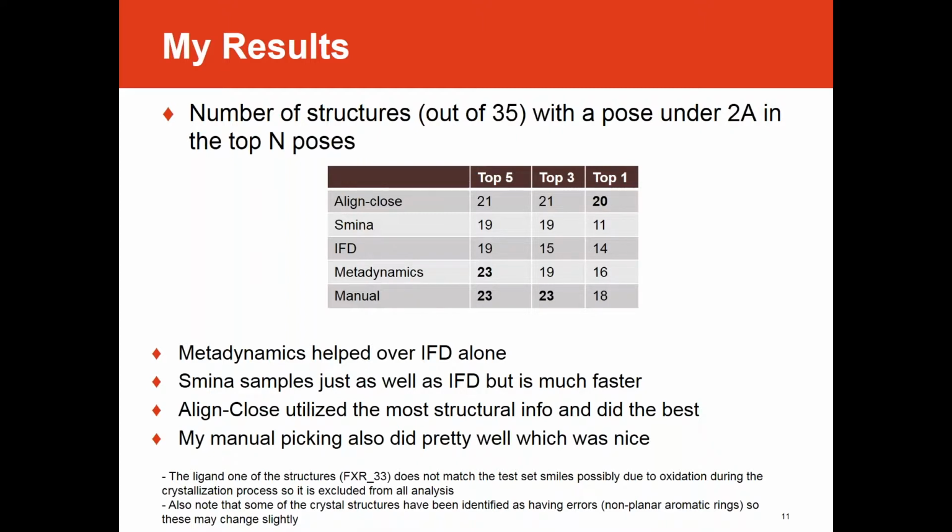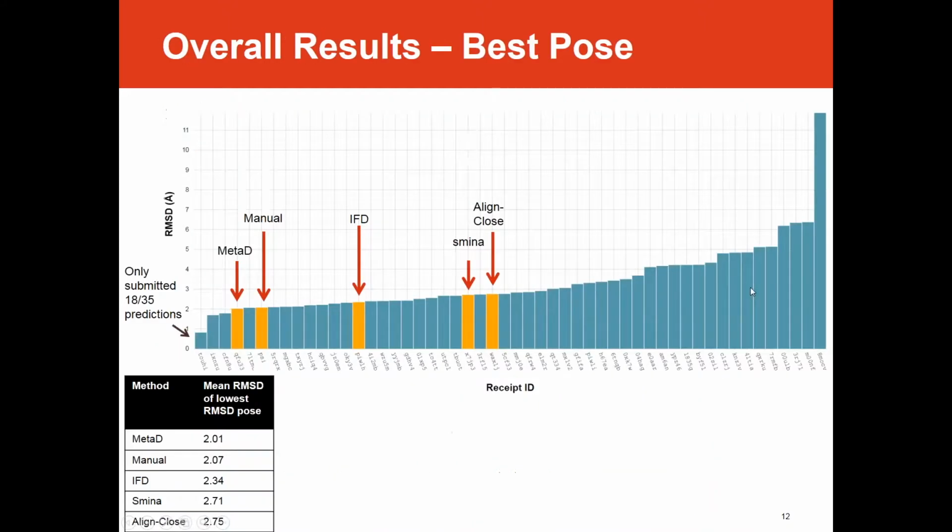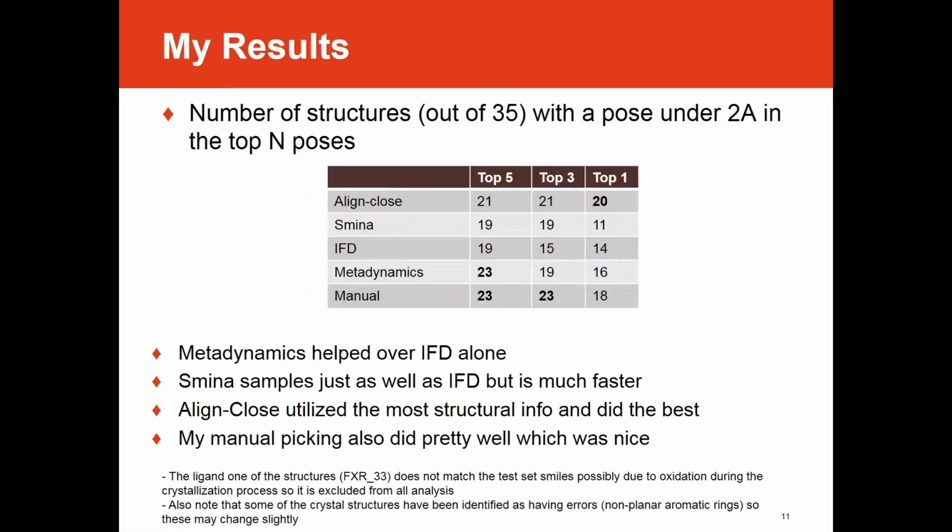The Smina docking methods, if we just look at how well they sampled in the top 5 here, the rigid receptor actually did about as good as the induced fit docking. But when you rescore the poses from the IFD using the metadynamics, you actually improve, and we pick up 4 more, and you get 23.